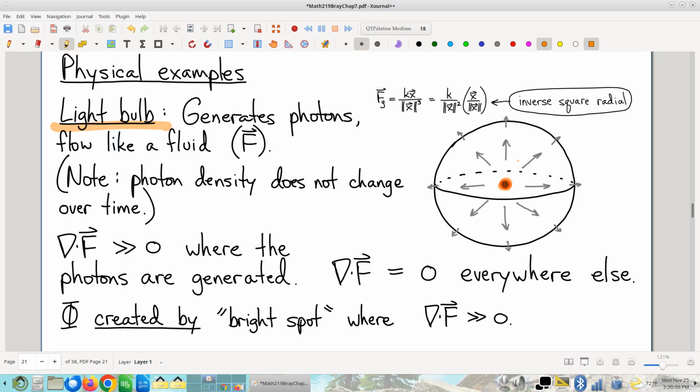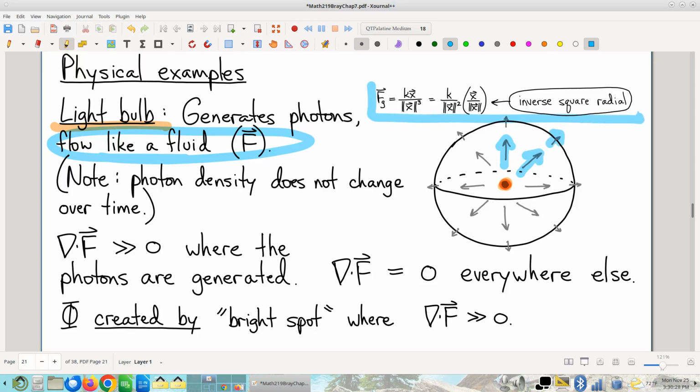Well, they generate photons. They produce little particles of light called photons that shoot out every which way, in all different directions. And it turns out that the flow of photons from the light bulb, flowing like a fluid, as I've drawn here, is inverse square radial.